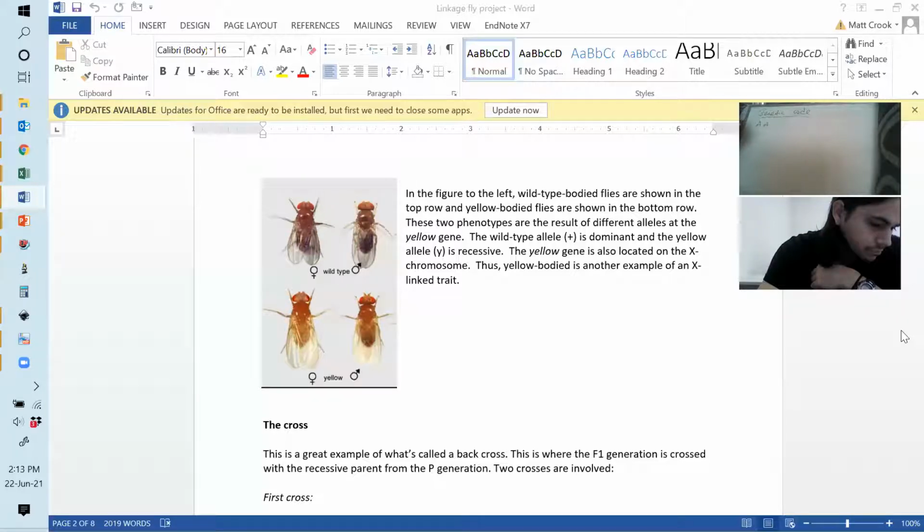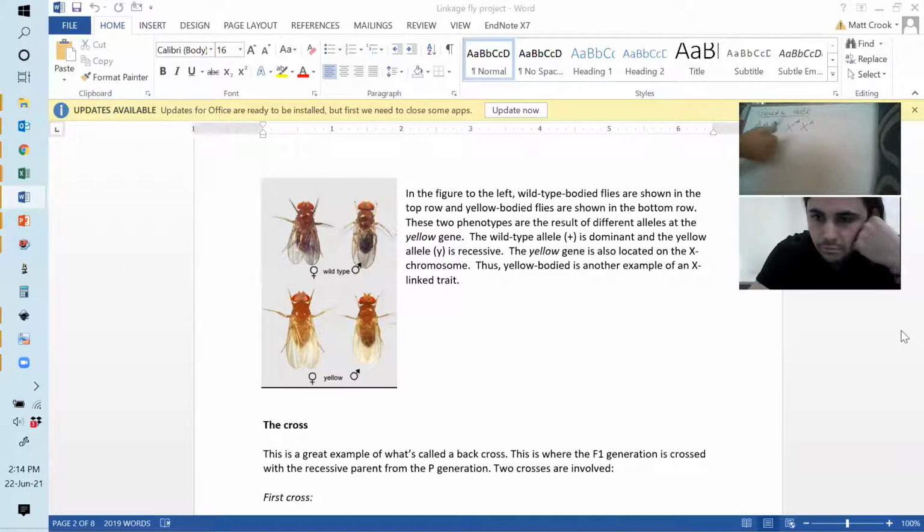Now, if this gene is on the X chromosome, we could also write it like so. This being a female fly in this case.